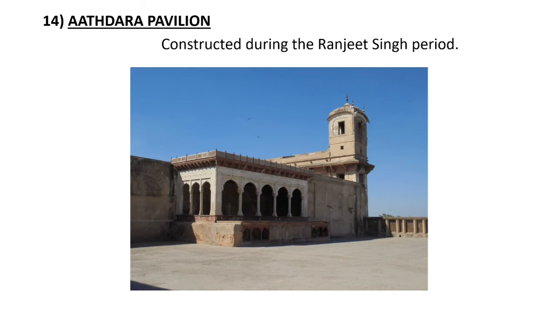Dear viewers, this Agdara pavilion was constructed in the time of King Ranjit Singh, one of the great rulers of the great Punjab. His domain started in 1799 of the Christian era and lasted until 1839. And this Agdara pavilion was constructed in his time, probably around 1821, 22 or 33, or might be a bit earlier or later.